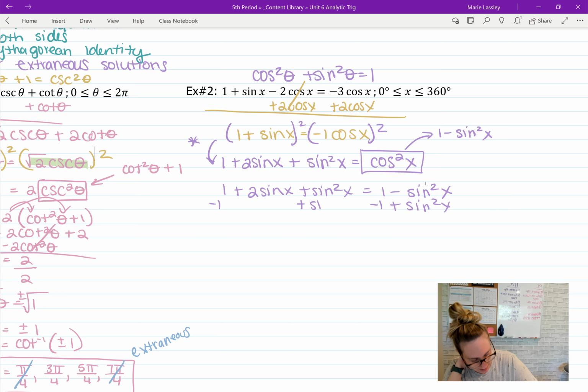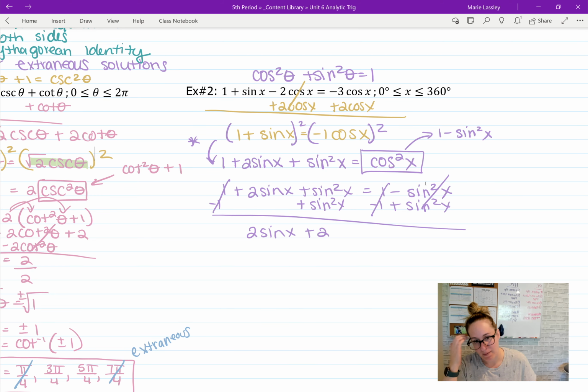The ones end up canceling each other out, and this becomes 2 sine x plus 2 sine squared x equals 0. From here, we are going to use our factoring techniques. We have a sine and a sine squared, and there's 2's out front.